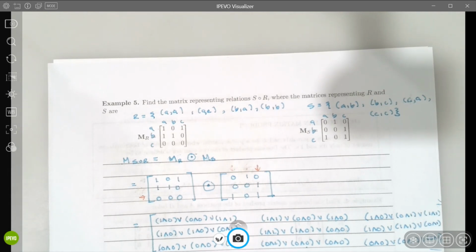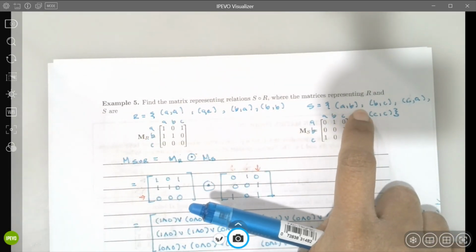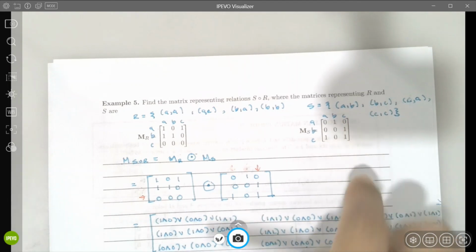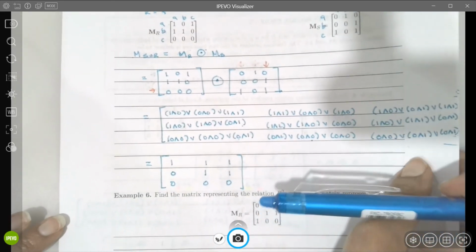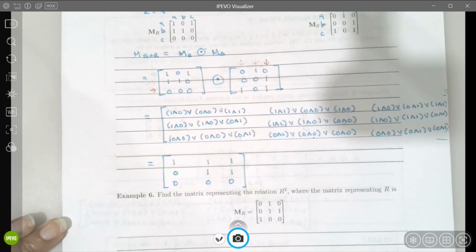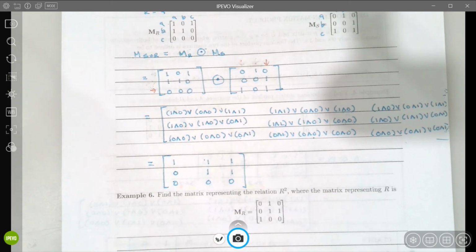Okay, so if we take S of R, that means that A maps to A and then A maps to B. So we should see A comma B as part of our composite. So that means that we would have a 1 at this position, which we do.